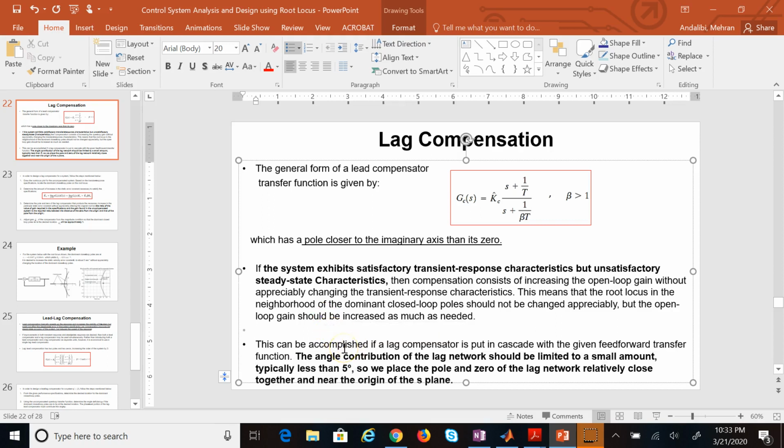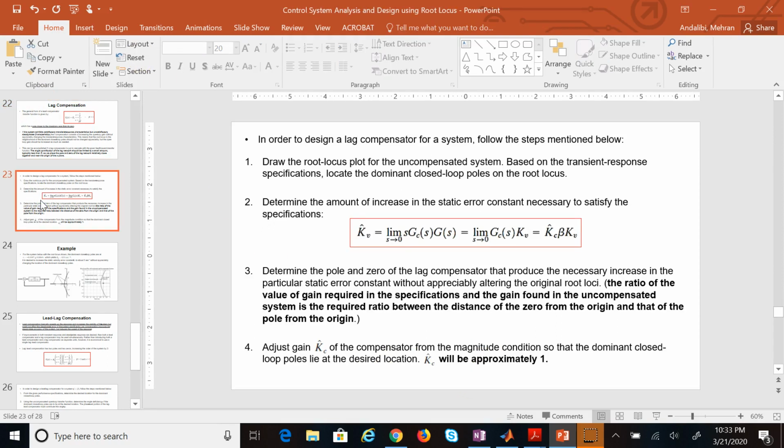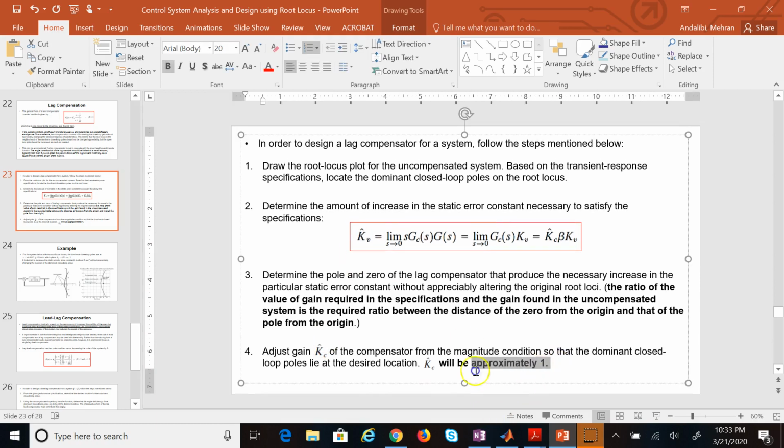If it is, then it means it's going to reshape the root locus and the transient response, which we don't want. So that's one of the things, choose them close to each other. The other thing is, we are just going to choose them, okay? And the important thing is this gain Kc also, we typically choose it very close to 1.